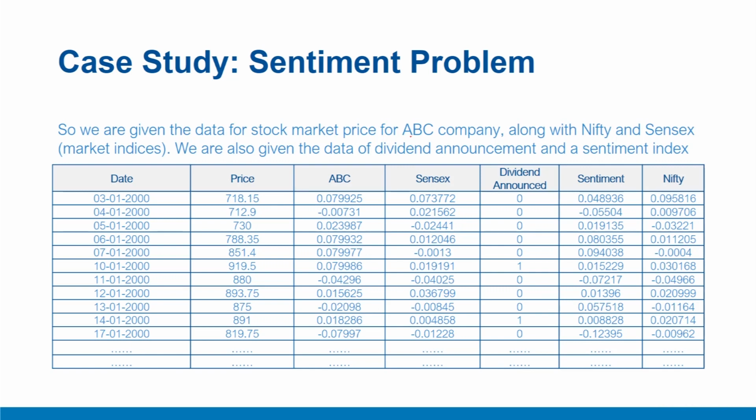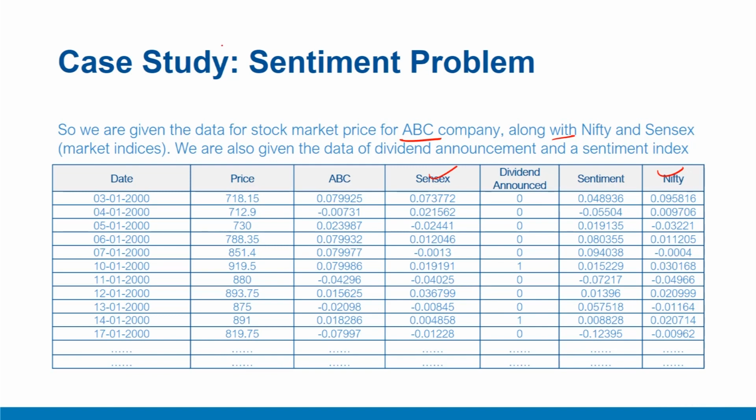So we are given data for market prices of a company ABC along with Nifty and Sensex. These are market indices that represent broad market-wide movement of securities, and we are also given data of dividend announcement and a sentiment index. Let's discuss this data in more detail now.